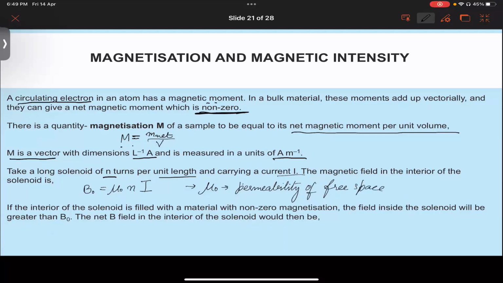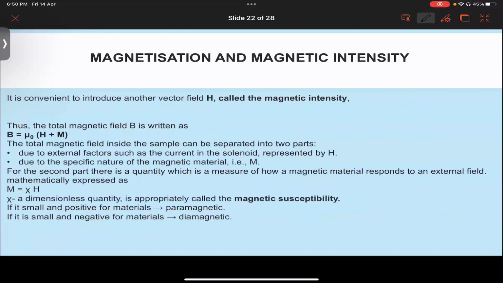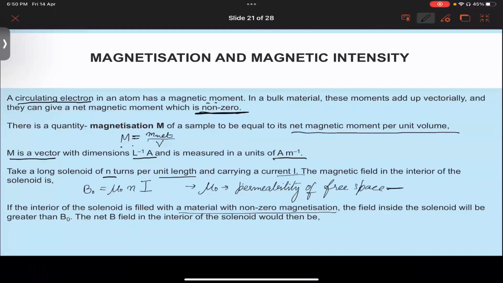Suppose the solenoid is now filled with a material with non-zero magnetization. Over here we were considering vacuum; now we are considering that the interior of the solenoid is filled with a material with non-zero magnetization. So the field inside the solenoid will be different. The field B is going to be greater than B0 because now we have a magnetized material.